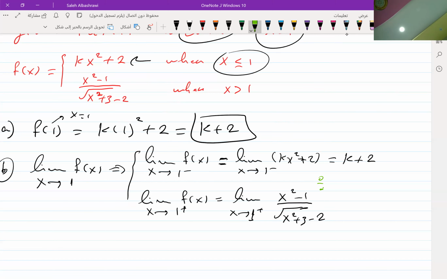And to simplify this one, we need to multiply by the conjugate. The conjugate of the denominator is square root of x squared plus 3 plus 2. We said that conjugate means we change the sign between the two terms.